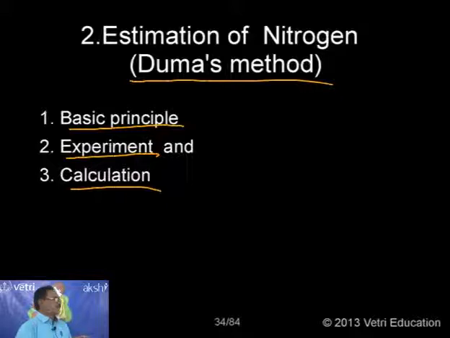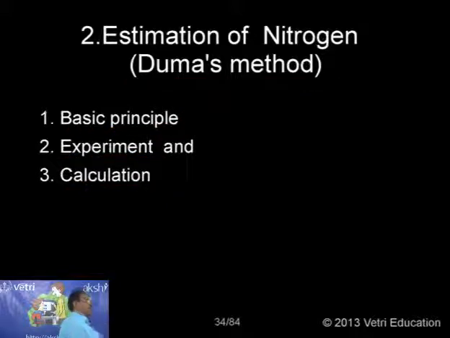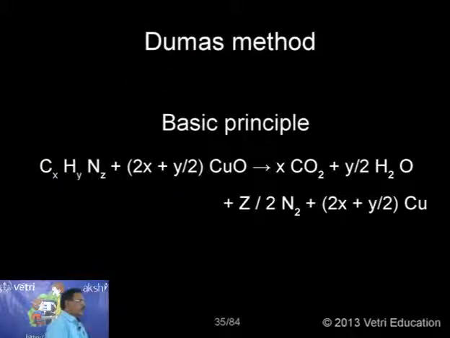When you heat it in the Liebig combustion tube, the nitrogen present in the organic compound will be converted into nitrogen gas. This nitrogen gas will be collected over potassium hydroxide solution in Schiff's nitrometer. From the volume of nitrogen gas collected, we can determine the percentage of nitrogen. That is the basic principle. The experimental part and calculation I will discuss.